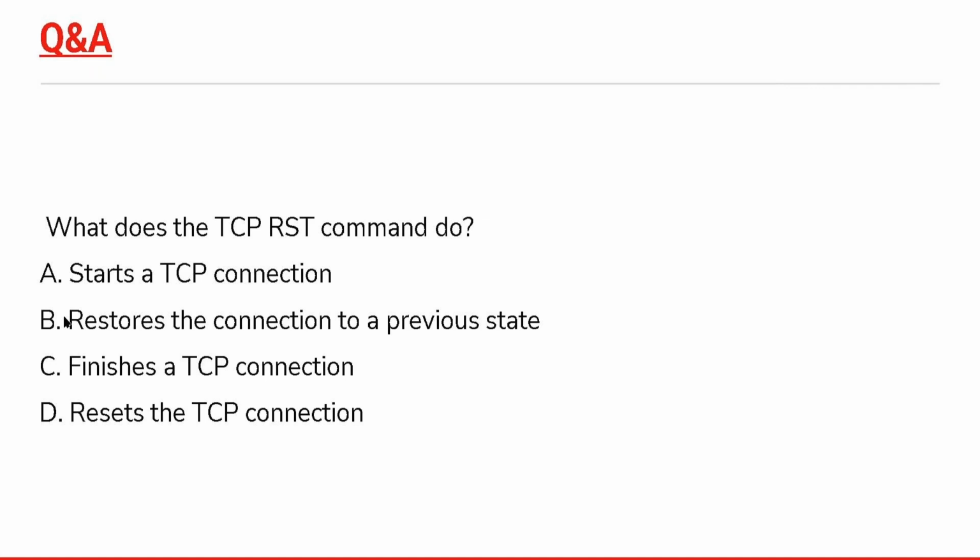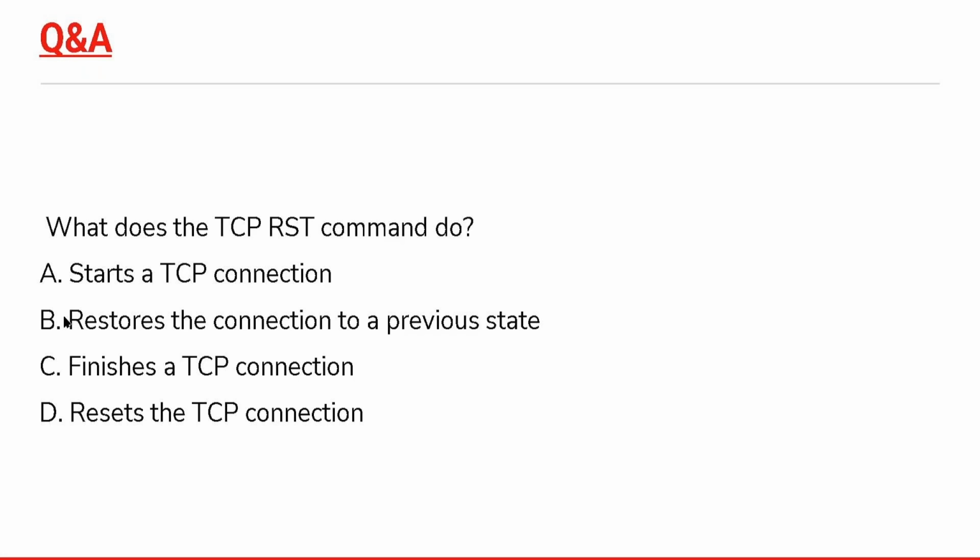Now it is asking what the TCP reset command does. It resets that particular TCP connection. It says, boss, we are having some sort of network errors and we are not able to properly close our TCP session. In that scenario, we reset that particular TCP session.